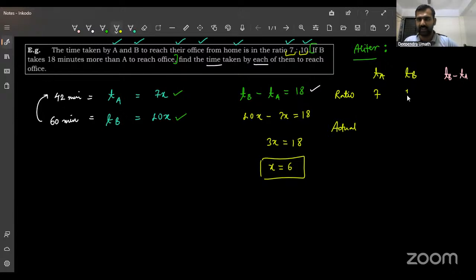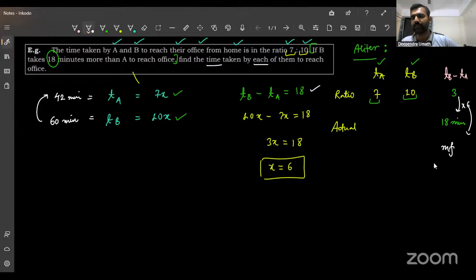This was actually 10. So what I know from here is that time taken by B is 18 more than time taken by A. But on ratios, this is 10 minus 7, which is 3. But in reality, it is 18 minutes. So the method which I'm recommending here is that 18 is 6 times of 3. This 6 is called the multiplying factor.